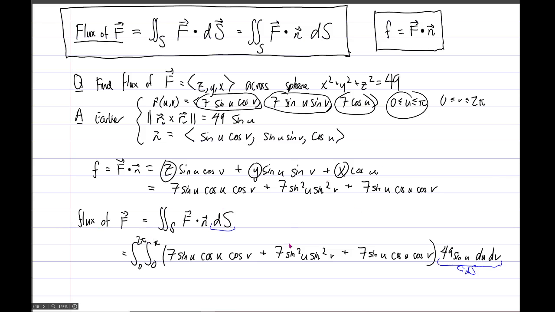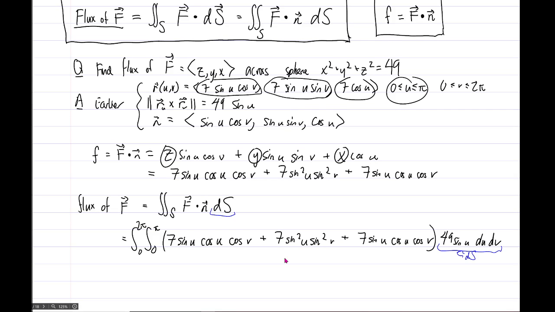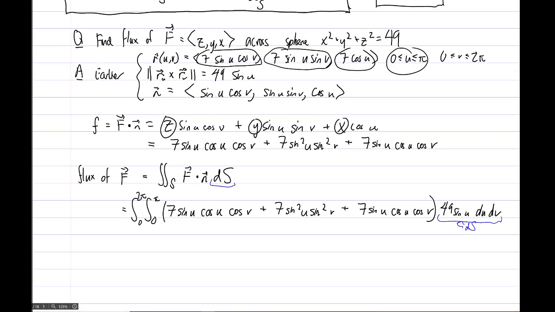We're really done with what we wanted to do with the question right now, but let's make some mention that if you distributed 49 and there's a 7 on each of these terms and so on, skipping quite a number of details, this is an integral that you could work out.